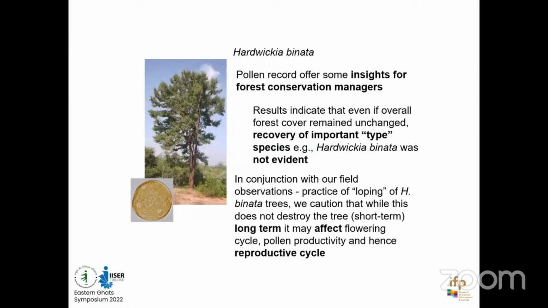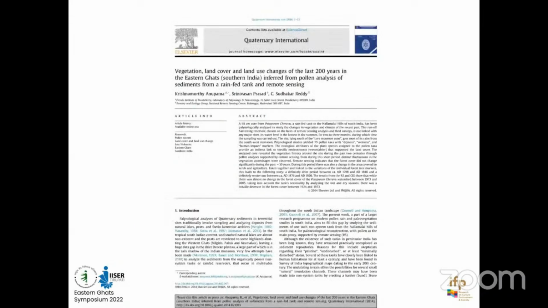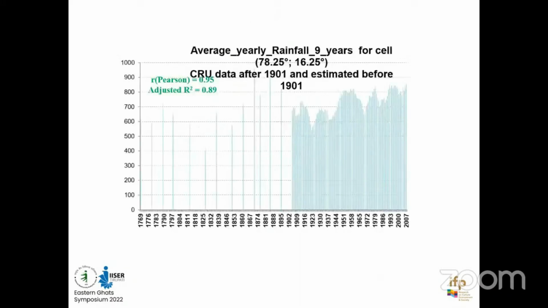So we did this only with reference to this one species, and then we have published this already in Botany International, and then we continued a little bit more analysis looking at the rainfall data.